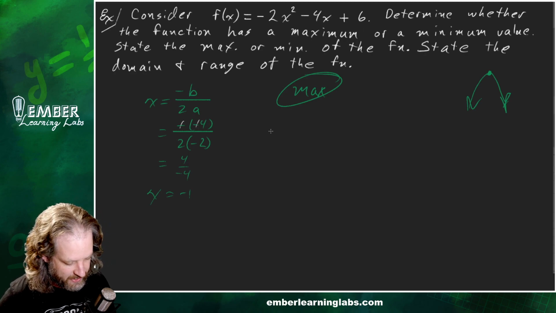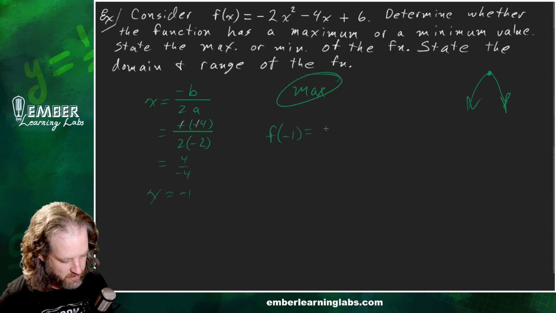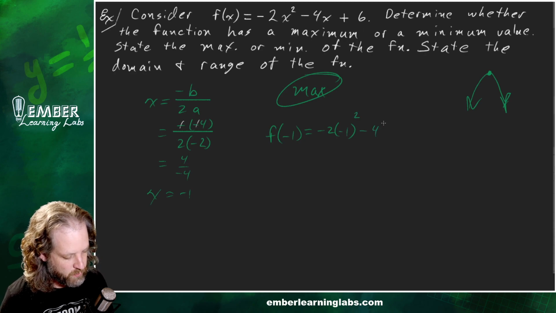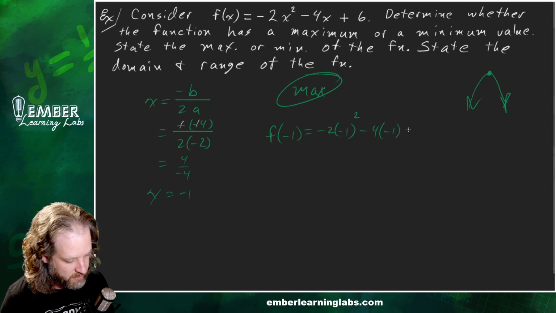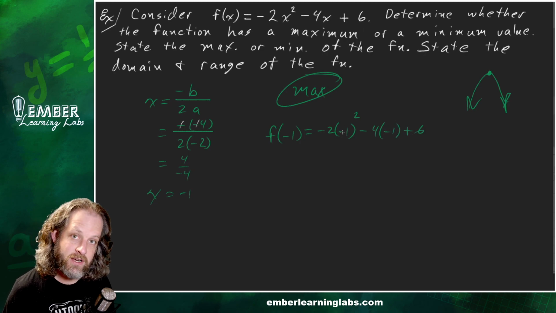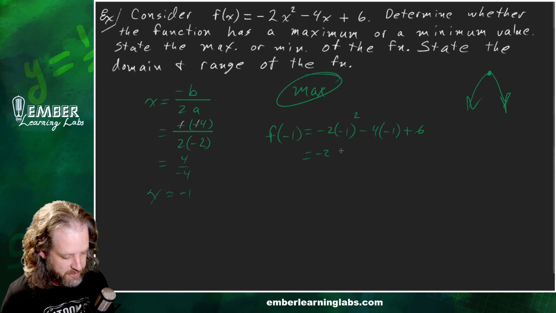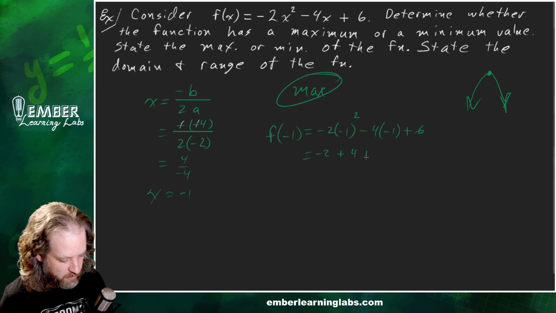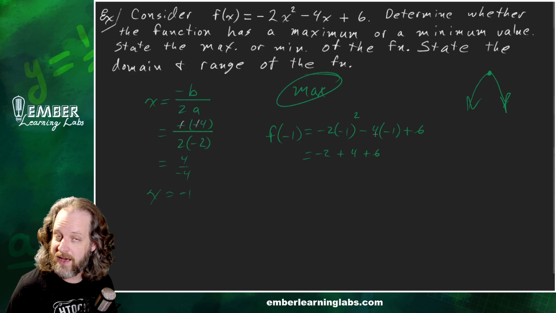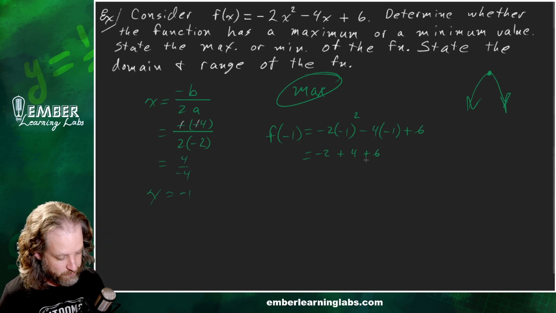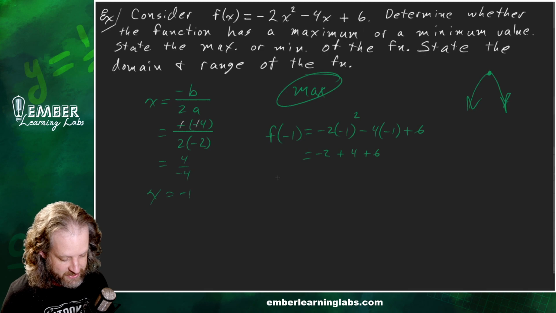So we need to find f of -1 equals -2 times (-1) squared, -4 times -1, plus 6. -1 squared is +1, since negative times negative is positive, so 1 times -2 is -2. -4 times -1 is +4, plus 6. 4 plus 6 is 10, minus 2 is 8.